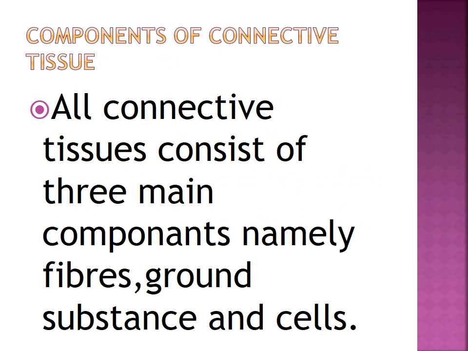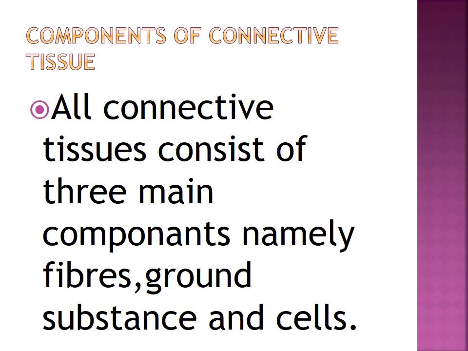Components of connective tissue. All connective tissues consist of three main components: fibers, ground substance and cells. The fibers of connective tissue provide support. The three types of fibers found in the connective tissue matrix are collagen, elastic and reticular fibers. So what are they?